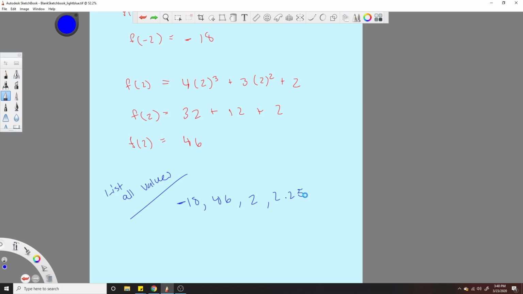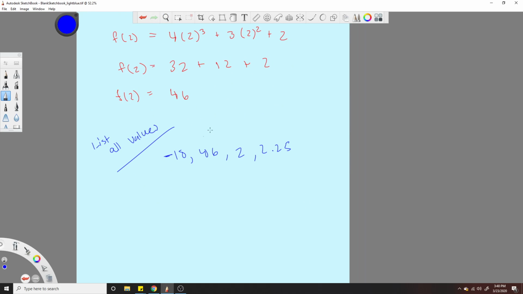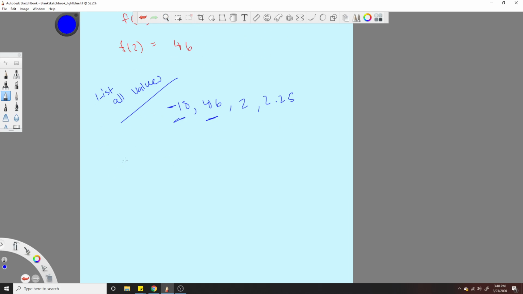Now we will find the highest and lowest values of these numbers. The highest and lowest values are here and here. So our max and min within the interval -2 to 2 are -18 and 46. In this case, they ended up being both the endpoints.